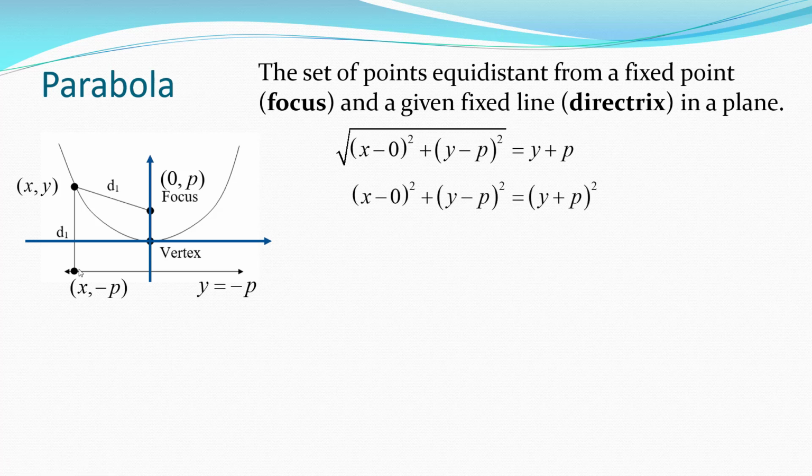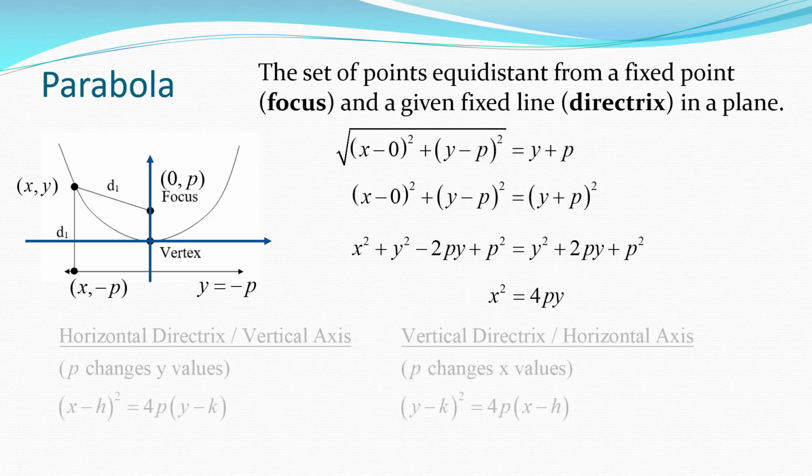After I get rid of the x minus 0 to be x, and I square everything out, you get that. You can then see there's a whole lot of terms that cancel. The y squares are the same, the p squares are the same on both sides. Canceling all that and bringing everything to one side gives you that equation. That is the standard form of the parabola. This is why way back when you were taught y equals x squared is a parabola: it has this form where p is 1/4.